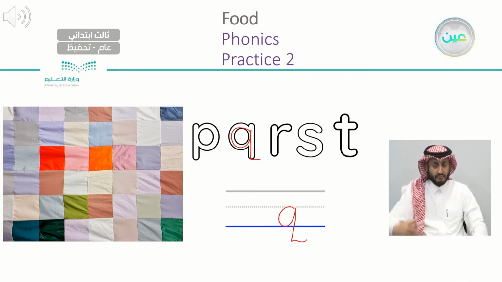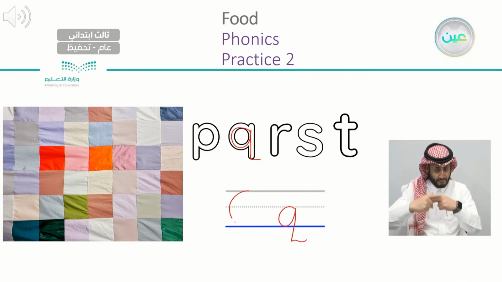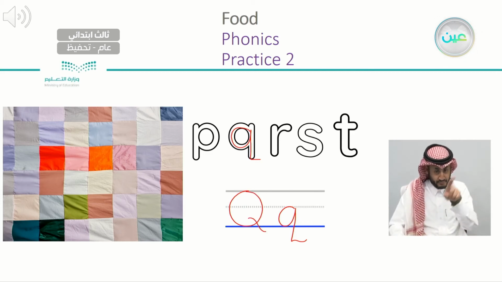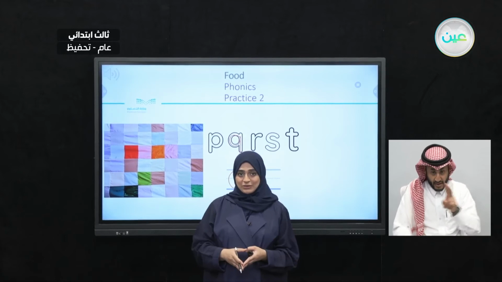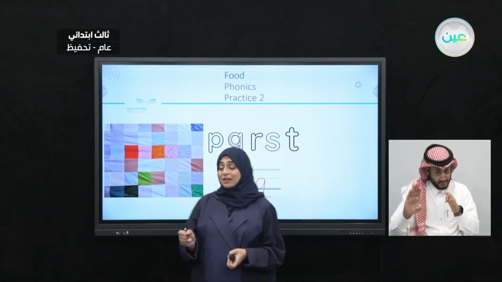This is the letter Q. Uppercase Q looks like this. And then a small tail coming out like this. You see the difference? They look different, right? They do. Now let's look at the picture of the quilt together. What do you notice? Remember, the rabbit was sitting on a quilt also. It had different patterns. This one has different colors.